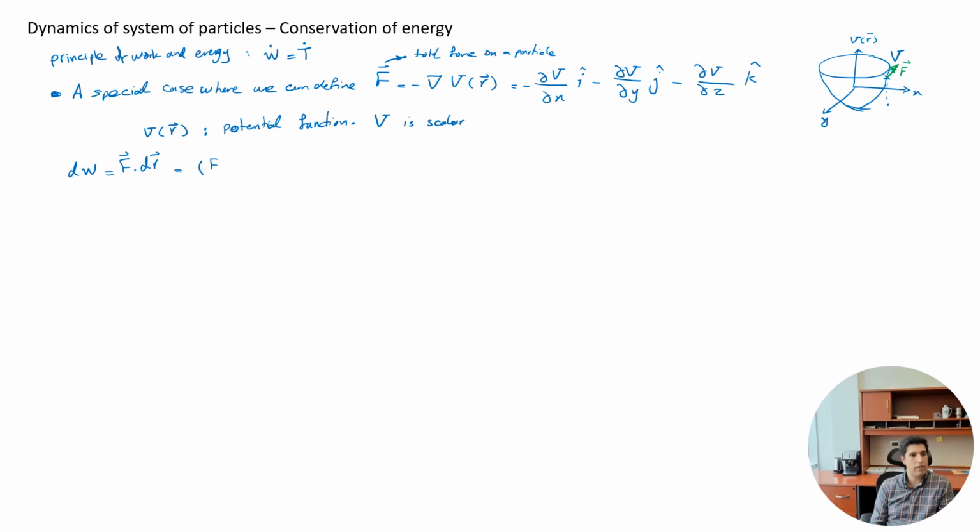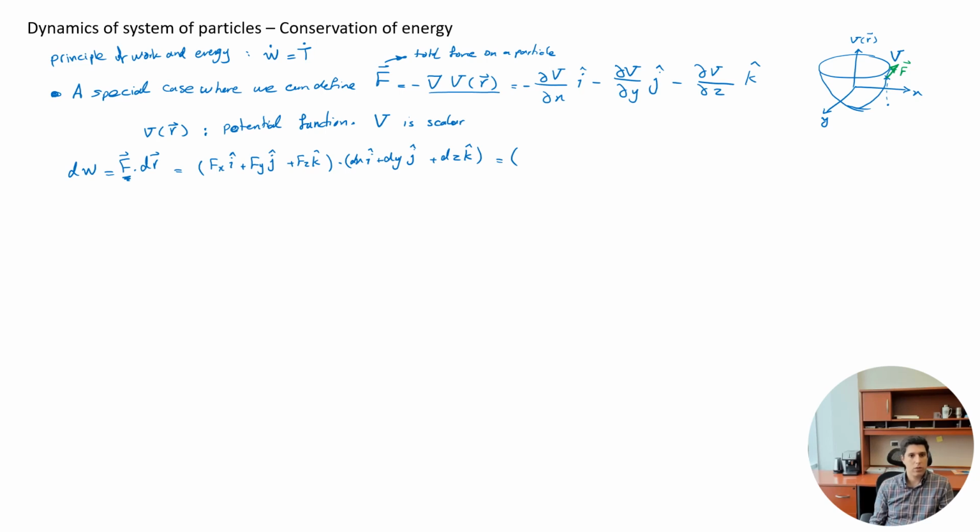So F is Fx i plus Fy j plus Fz k, dot dx i plus dy j plus dz k. And let's look at the condition that this F is the gradient of a potential function. So let me write it down.